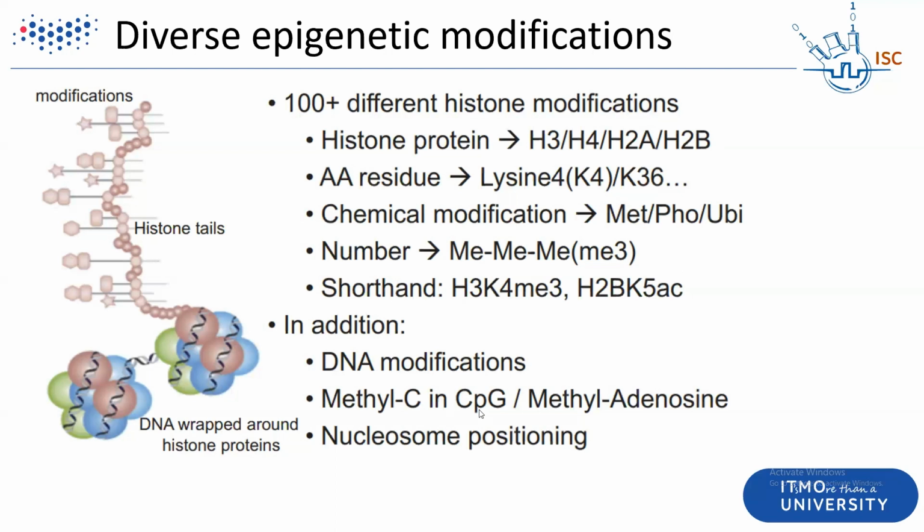So in humans, 70% of promoters located near the transcription start site of a gene contain CpG islands.